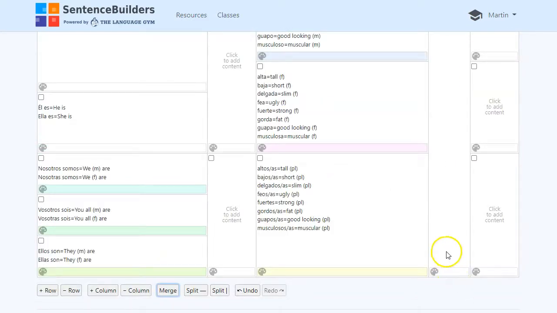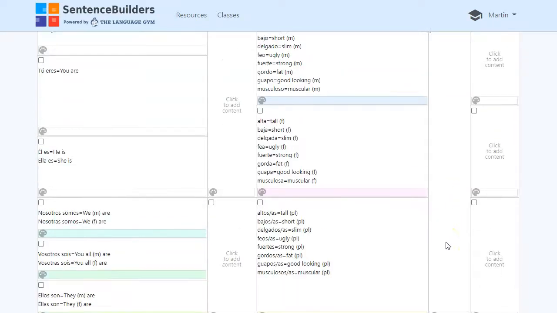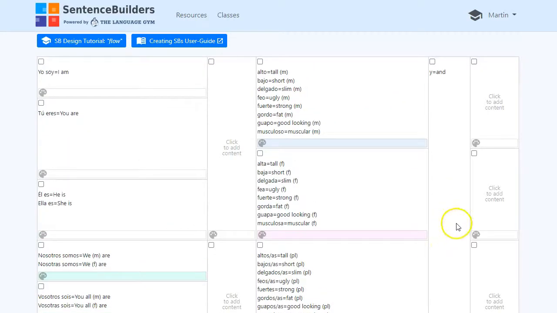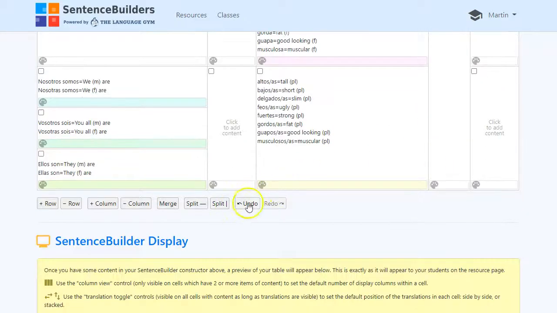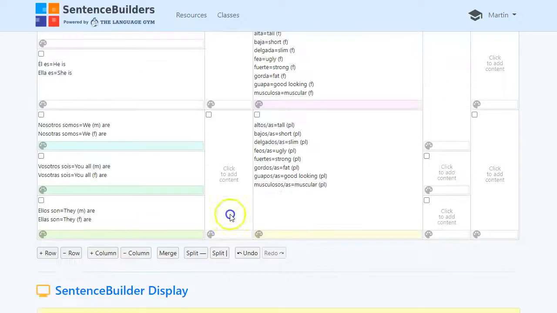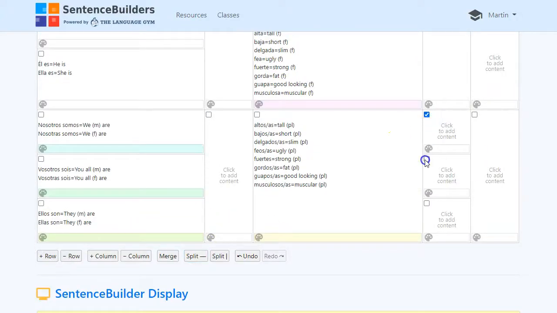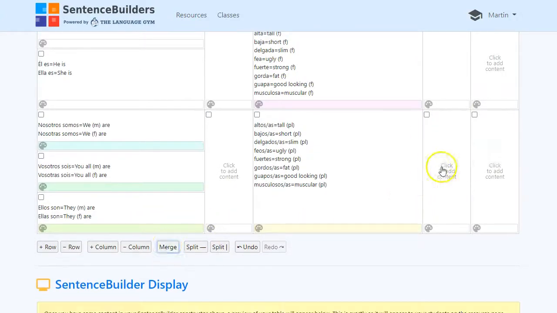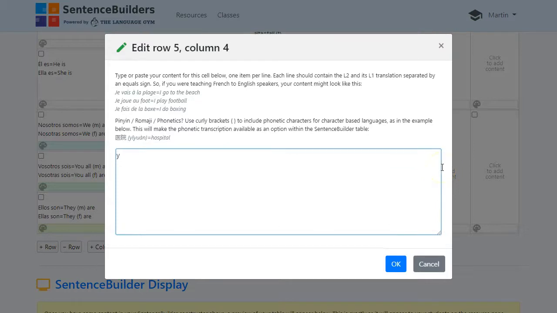Again, there are multiple ways of achieving the same end. I think the version of this resource that you'll find in the premium section of the website, this "and" column is a single column, and I'll tell you what, we'll split it in this case. We need to split it so that it splits in the correct place. There, merge those, and we can put another "and" there.